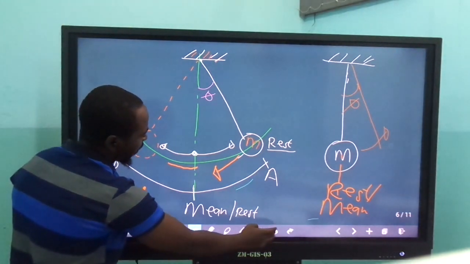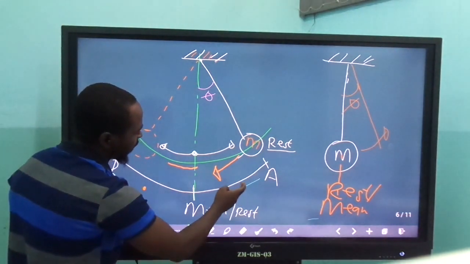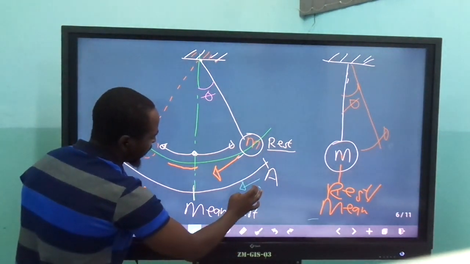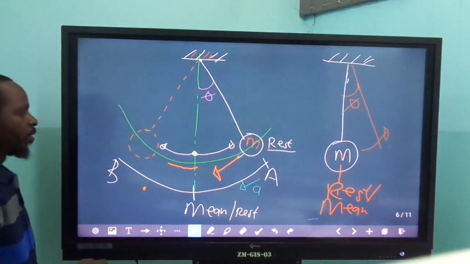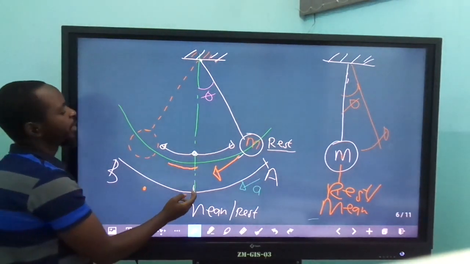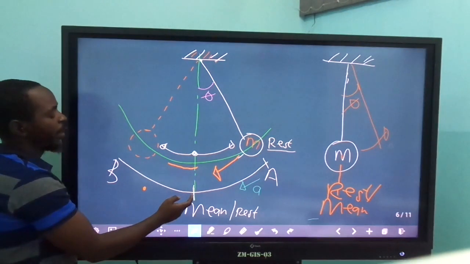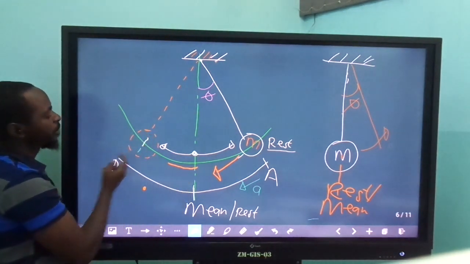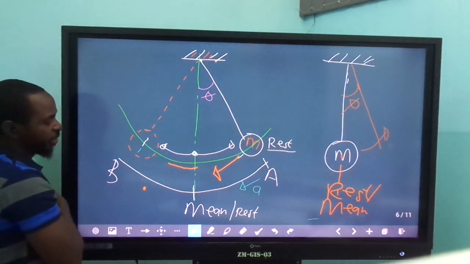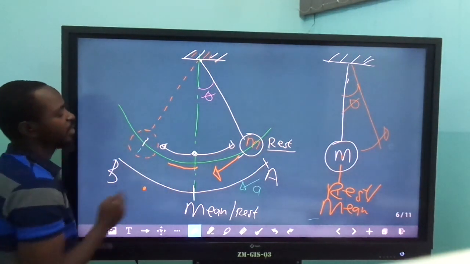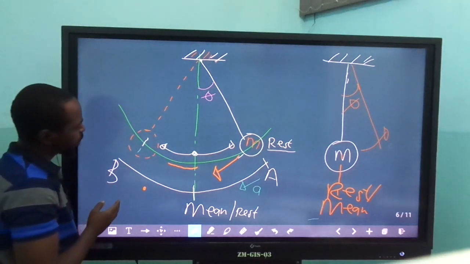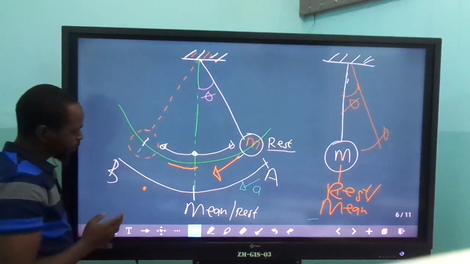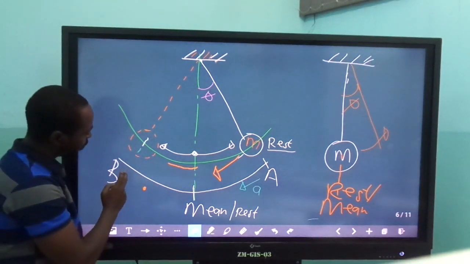The acceleration, being a vector quantity, will be pointing in that direction. It will be accelerating until it reaches this point. And when it reaches this point, it starts retarding until it comes to rest at this point before it reverses the direction. And when it reaches this point, it stops and starts moving back.